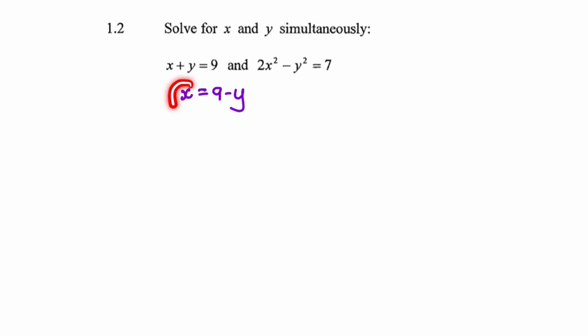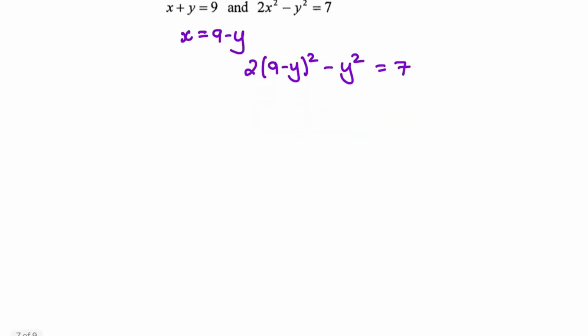Now I'll take this x, 9 minus y, and substitute it into my second equation. So I'll have 2 times (9 minus y) squared, minus y squared, is equal to 7. Notice that I'm using brackets to show the substitution, and I'm squaring the full bracket. So now I need to do a little bit of algebra.